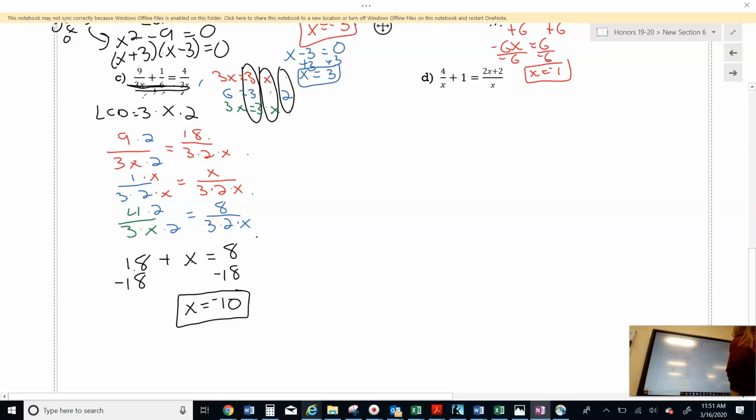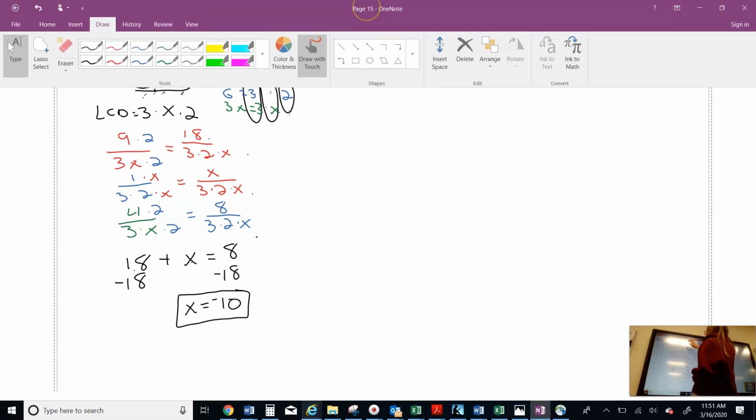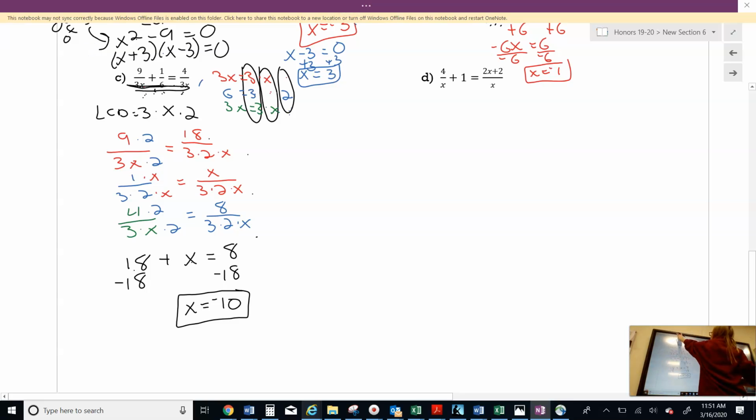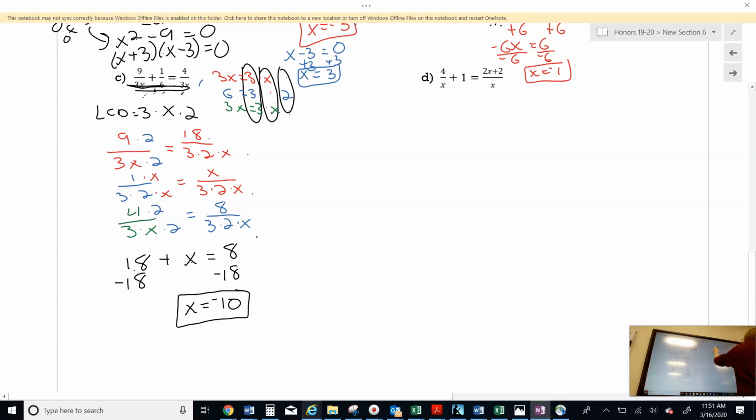Last example. We have 4 over x plus 1 equals 2x plus 2 over x. This one's nice and easy with our common denominator, okay? This is just x equals x, right? There's nothing to just split up there. And 1 doesn't have a denominator.